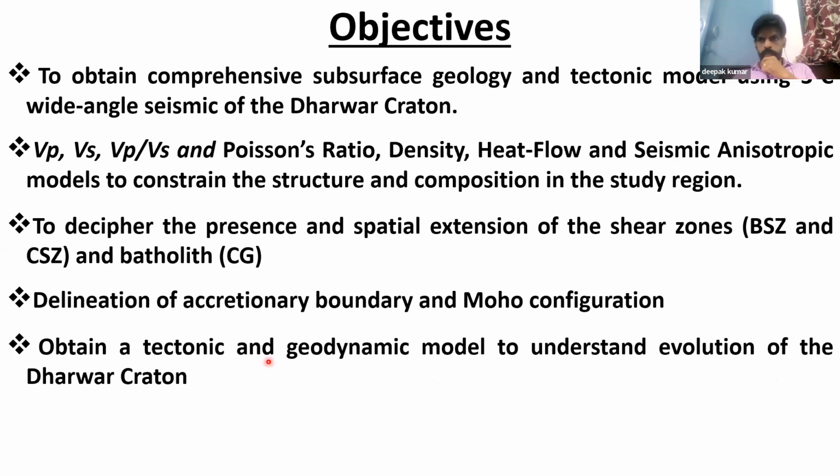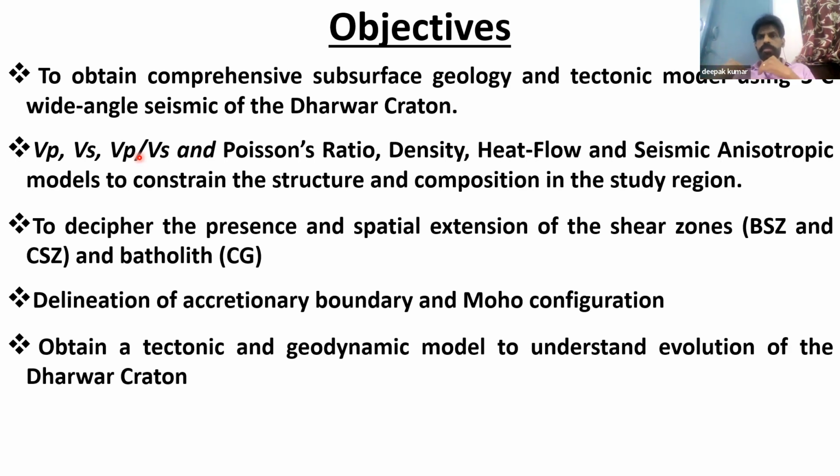So the main objective of today's talk is to find the subsurface geology and tectonic model using three component seismic data to prepare a P wave velocity model, S wave velocity model, Vp/Vs model, and Poisson ratio model. Now I have the P wave velocity model and S wave velocity model. Combining them, we can compute the Poisson ratio, which tells what kind of lithology is present there.